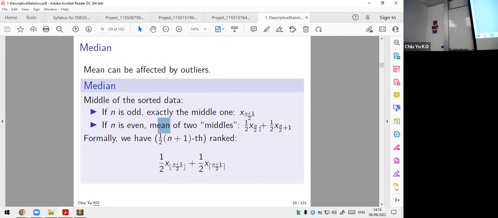Formally, you can easily see that this is exactly this. Why? Because if (n plus 1) over 2 is an integer, you round up and round down and get the same thing, so half of the same thing plus half of the same thing gives exactly what you get. If it is not an integer, rounding down gives just this one and rounding up gives just that one.